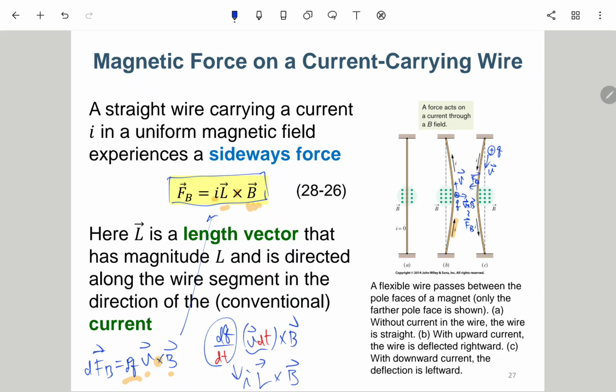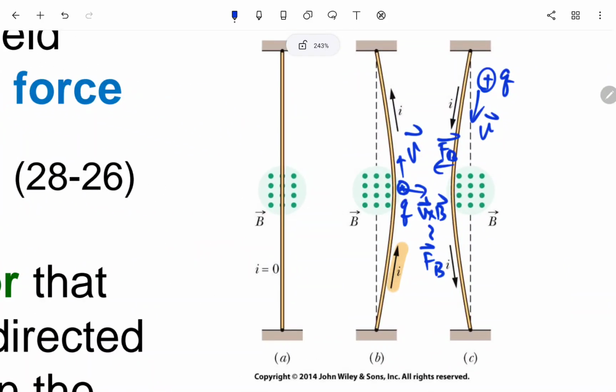So here what we need to care about is the direction of the L. The direction of the L actually follows the direction of the conventional current, which means if here the current is going upward, we consider the L is pointing upward.